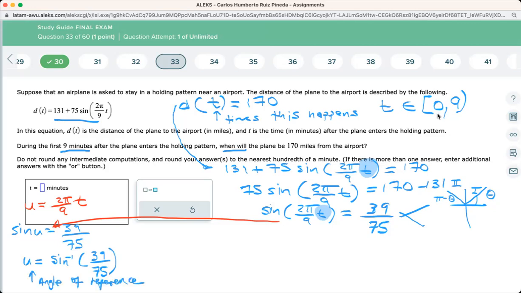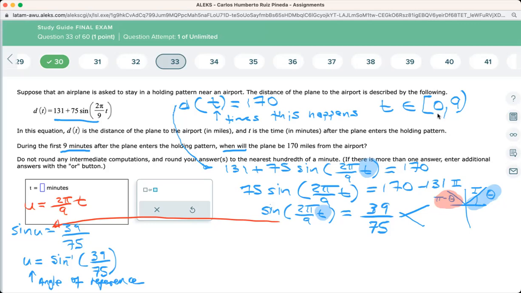Now, solution 1 is easy. I'm going to mark one with blue and the other with red. The first solution is when the angle is just the original reference angle.